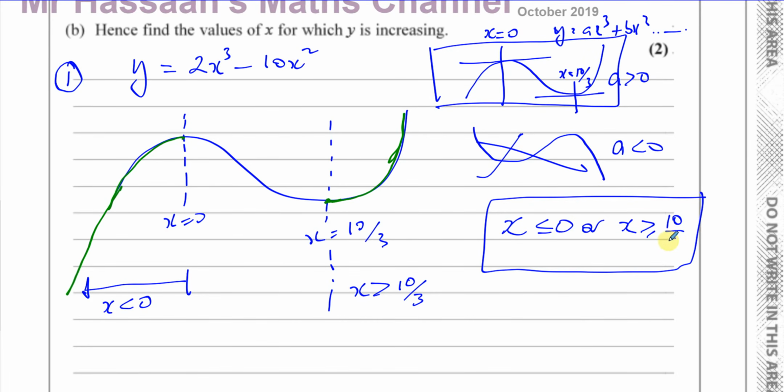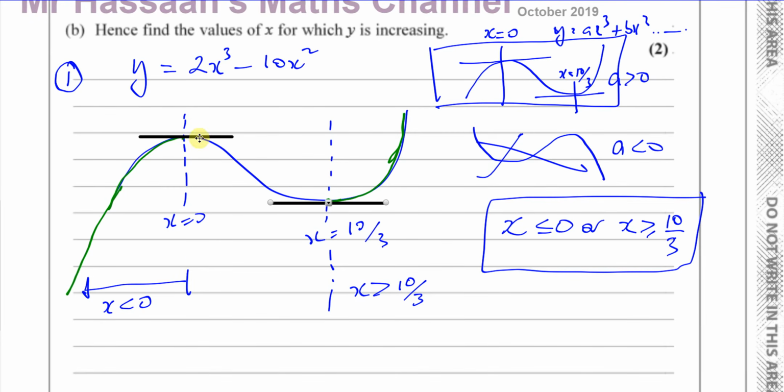Some people find it a bit confusing because at x equals 0, the gradient is 0 because that's the turning point, and at x equals 10 over 3, the gradient is also 0. So it's not increasing or decreasing at that particular point.